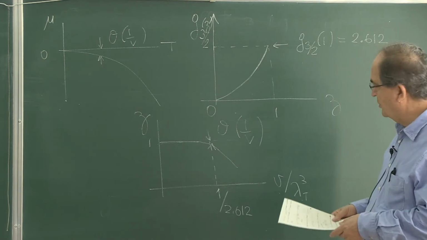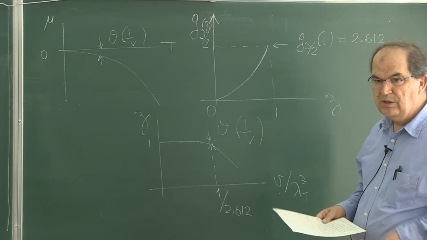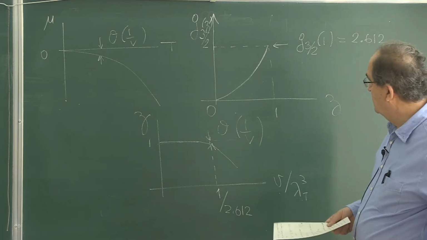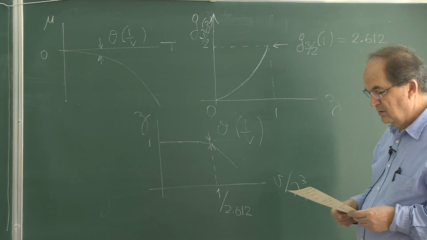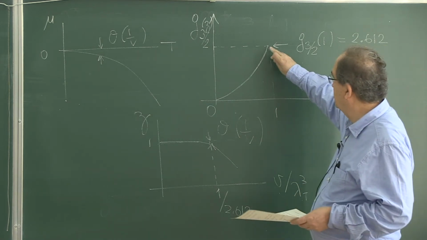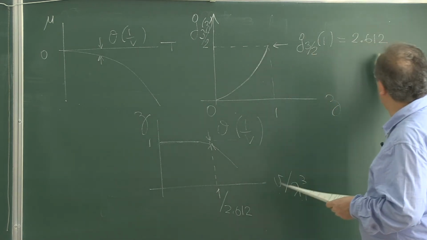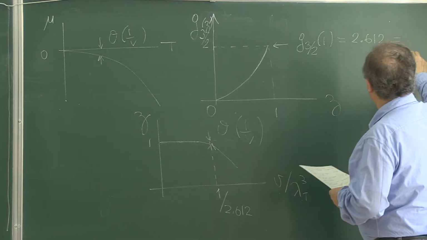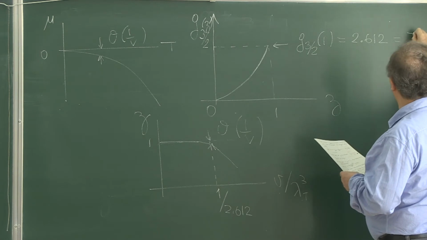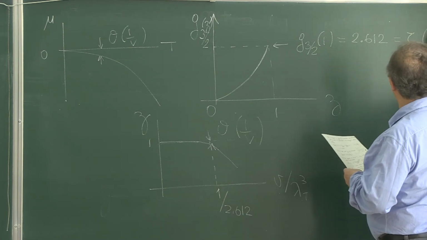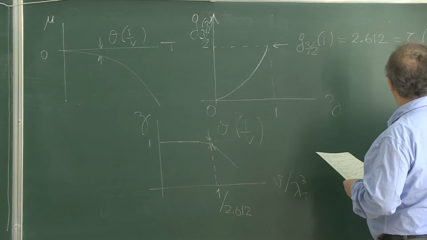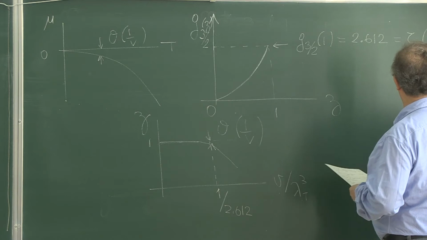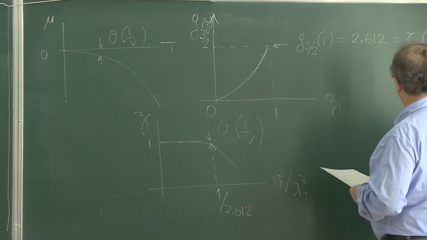So in between 0 and 1, this g 3/2 of z increases monotonically with z and is bounded, as I told you, the greatest value being 2.612. Well, that is known as zeta 3/2, the Riemann zeta function.